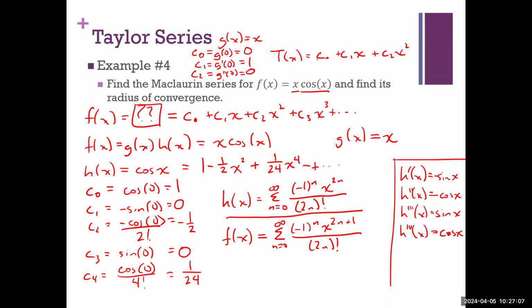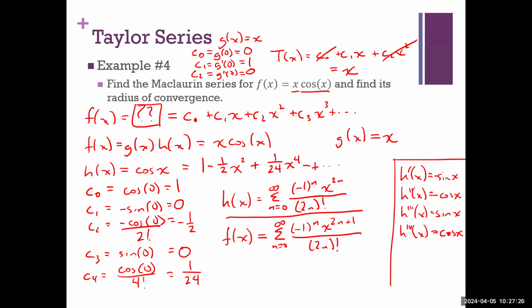We said c0 was 0, c2 was 0, and c1 is 1, right? So our power series ends up giving back x.